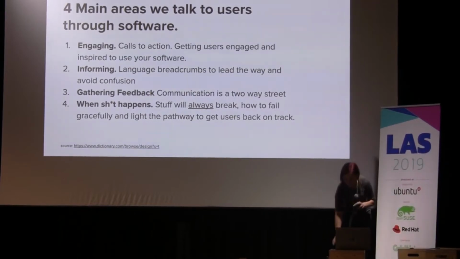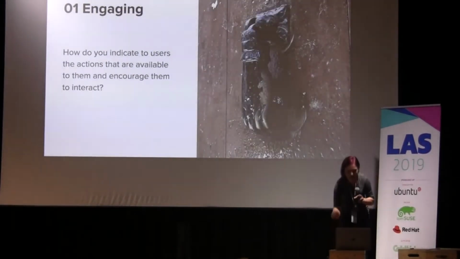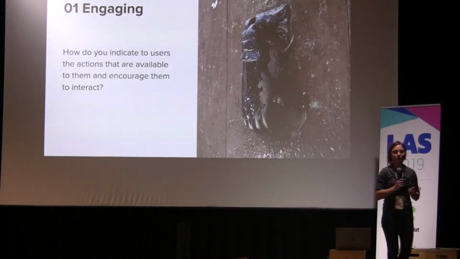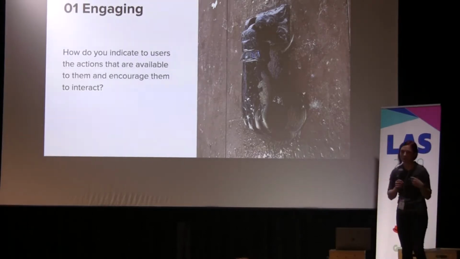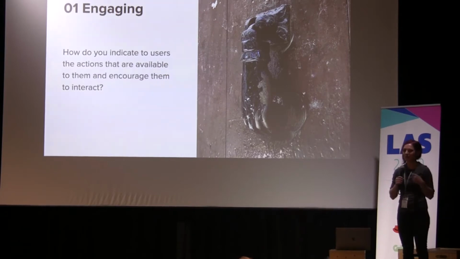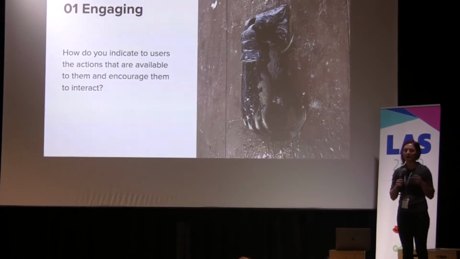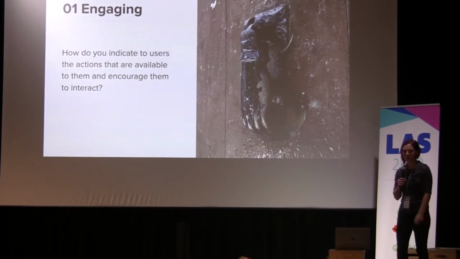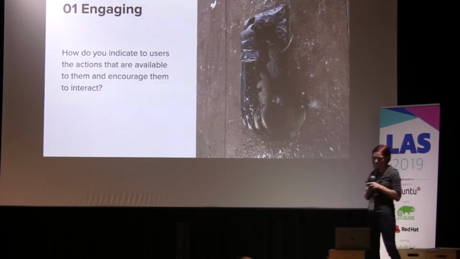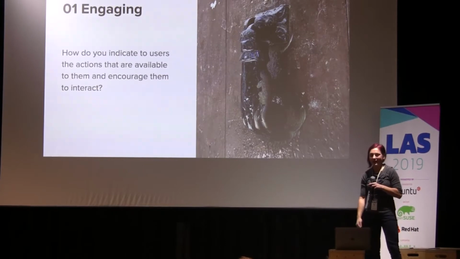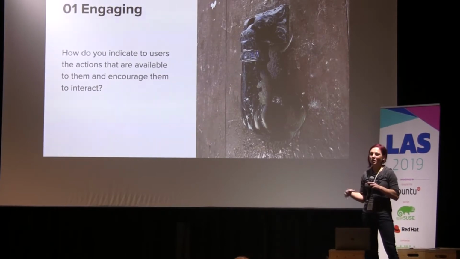So now I'm going to dive a little bit into each of the four areas and give really simple case studies for each. I think the case studies can be broken down a lot further, but we don't have a lot of time. So in the first area, engagement. This is maybe the first and most important, because we want people to get to your experience and be really excited to use it.